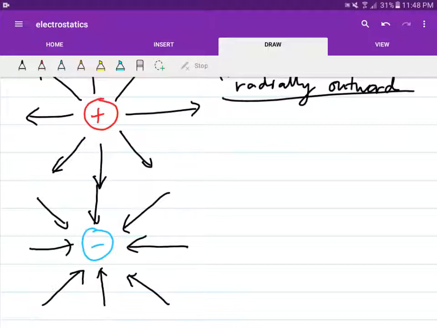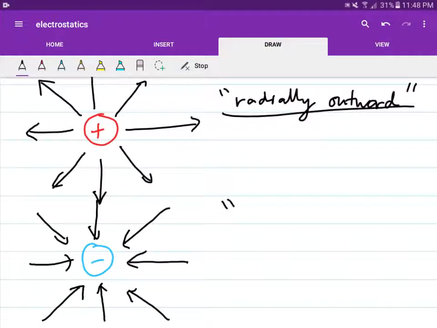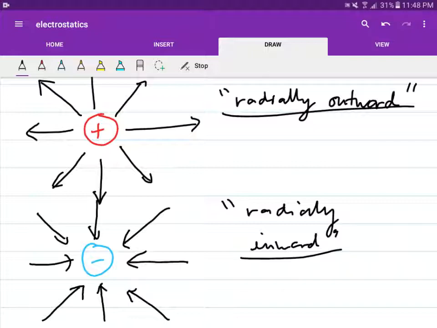Now suppose that you bring these two charged particles together. You bring this positive charge and negative charge together. What will happen is that these two will attract each other.